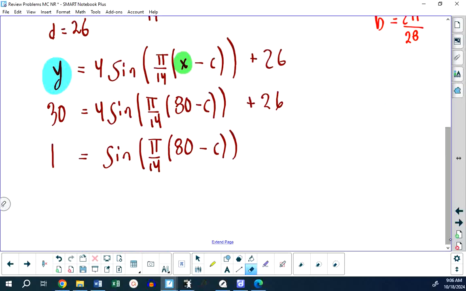So now what you do, and I like this idea of saying this is just too complicated to think about for some people, is you simplify this to something simpler. If you want, put theta here. I don't care. Change it from sine of that mess to sine of theta equals 1.